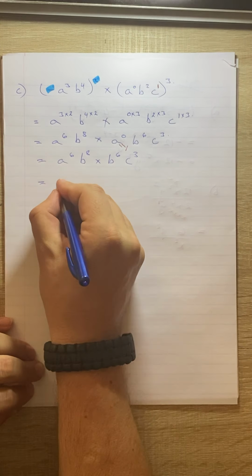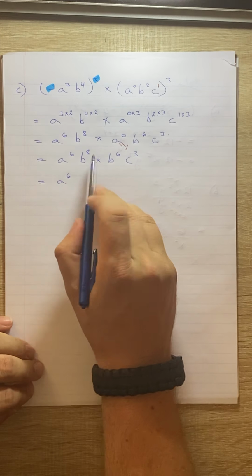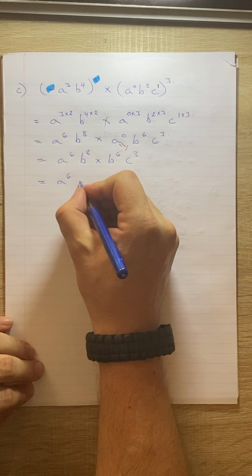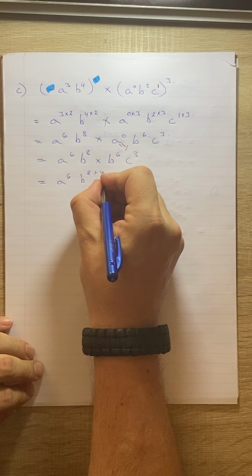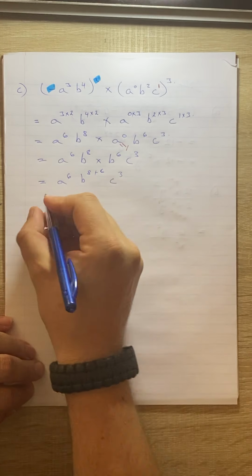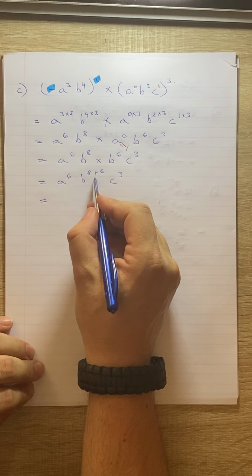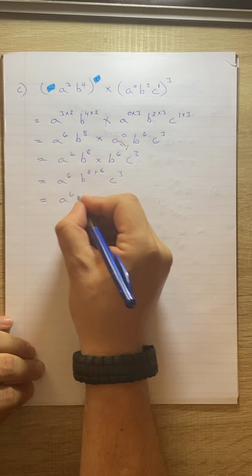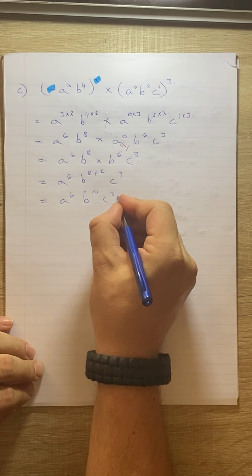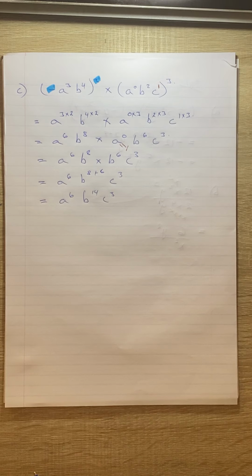So this just stays a to the 6. If bases are the same and we're multiplying, we add the exponents. So b and b, this becomes b to the 8 plus 6. And then we don't have any c's, so this is just c cubed. I'm just going to simplify this exponent over here. A to the 6, b to the 14, c cubed. And that is your final answer there.